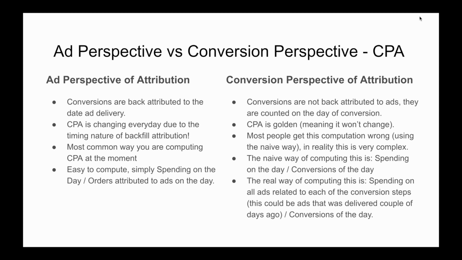So the real way of computing it is you actually need to go back to your advertising data and look at the spending you spent on the ads that have resulted in the conversions that happened today, and then pull that cost to today to compute the real CPA for your conversions. We'll talk more about that later. Right now, quite honestly, besides us, there's not really a good model in the market that can help you figure that out.